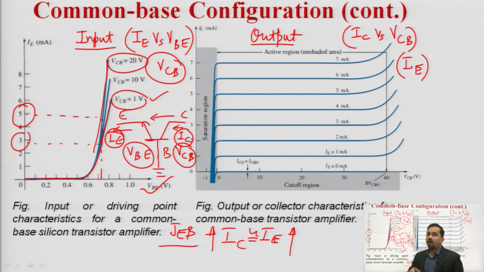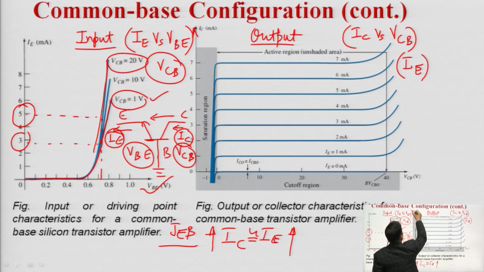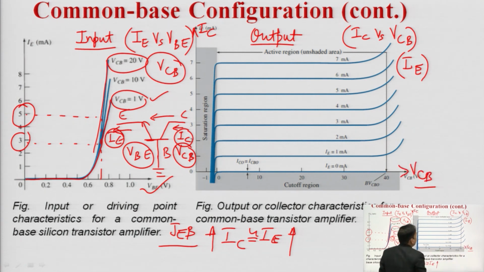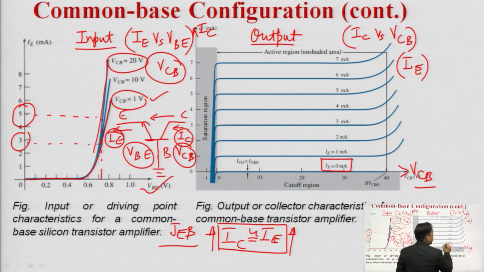Next, after the input characteristics, we will have the output characteristics, meaning IC versus VCB. Clearly, in the active region we have seen that IC is equal to IE, which means if we draw the characteristics for a specific value of IE, the IC will be fixed.